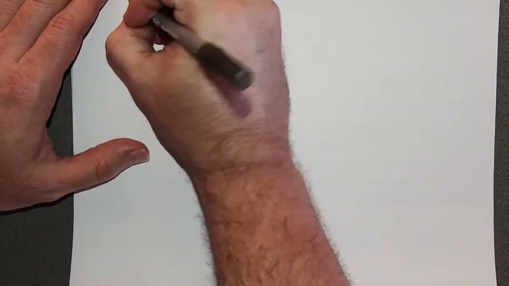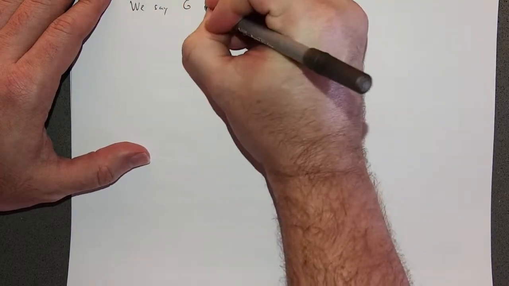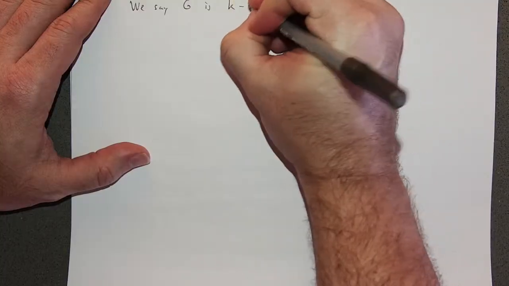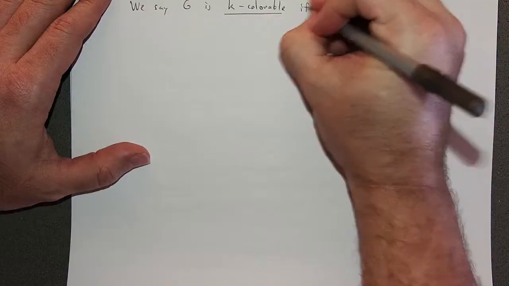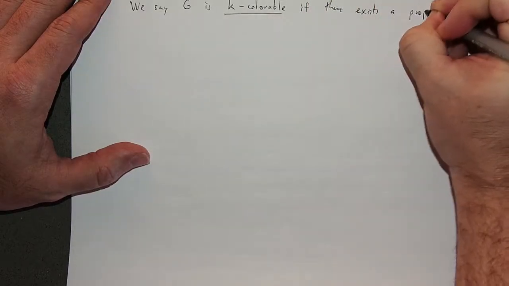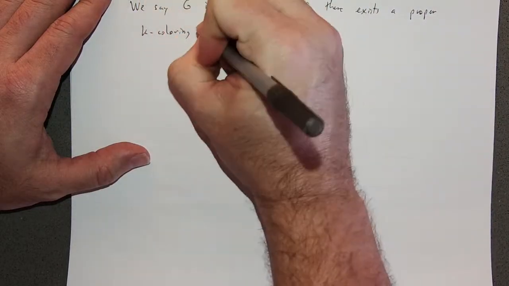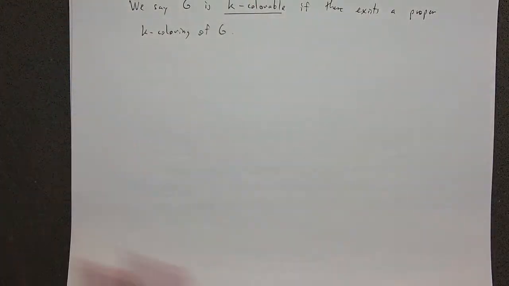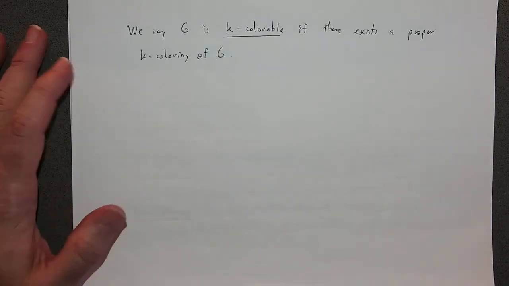So we say G is K-colorable if there exists a proper K-coloring of G. So if there exists this coloring function K that colors G in such a way that no adjacent vertices have the same color.